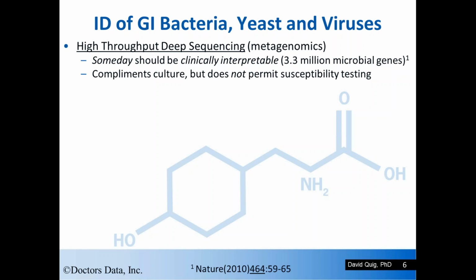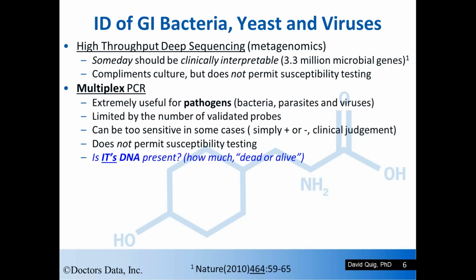It's important to keep in mind that this genetic material or information actually complements culture, but a severe limitation is that it does not permit susceptibility testing. So we really don't know the phenotypic expression of all these different bacteria that we've categorized their genetic material for. Then we have multiplex PCR, which has come a long way since basic PCR.